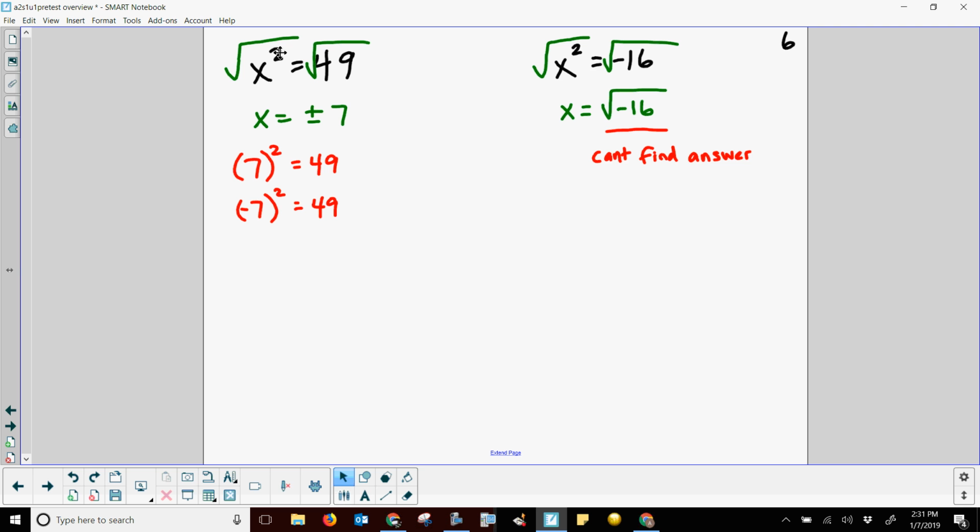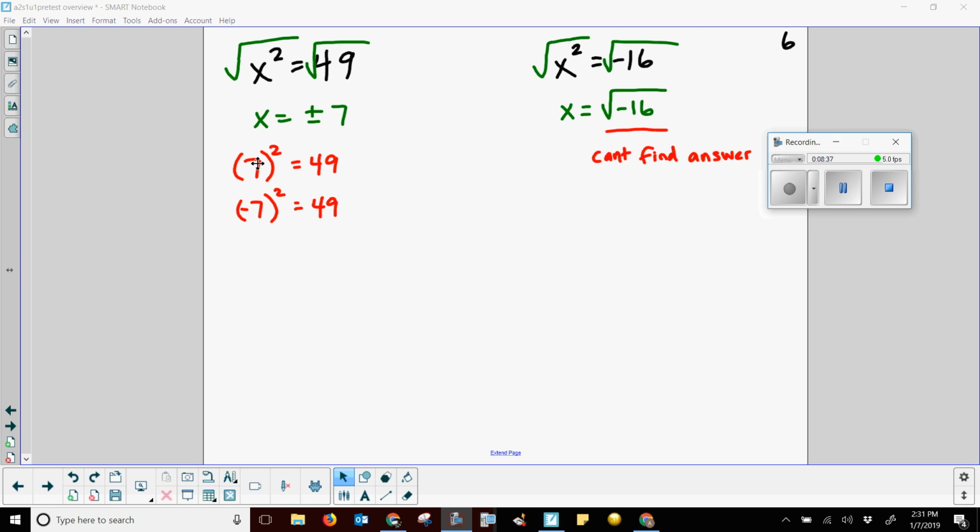Concept 6, we're trying to solve for x with x already being squared. When you have x squared and you need x by itself, squared is counterbalanced by square root. So to solve for x, you just square root both sides, and x is 7. But when you square root both sides, you have to understand that both the positive and negative versions of 7 actually work here.